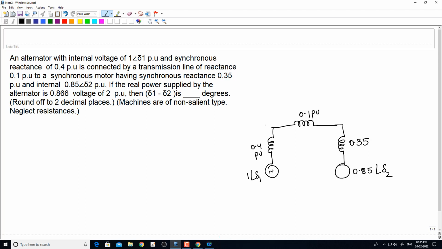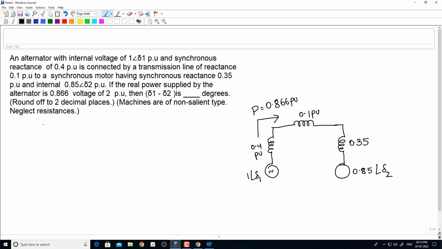Also, it is given that the real power supplied by the alternator, P, is equal to 0.866 per unit. This is the given data.